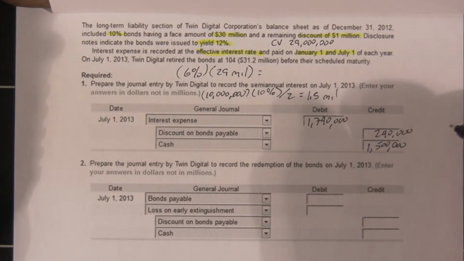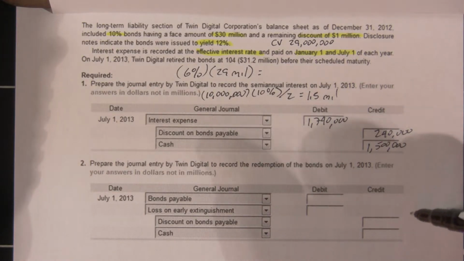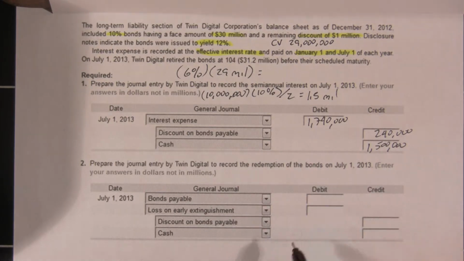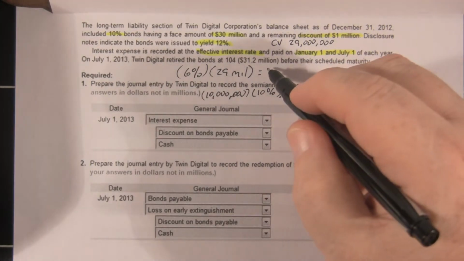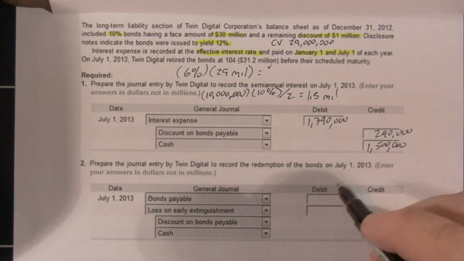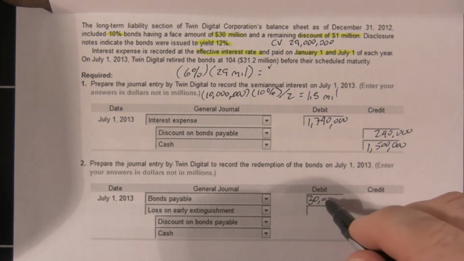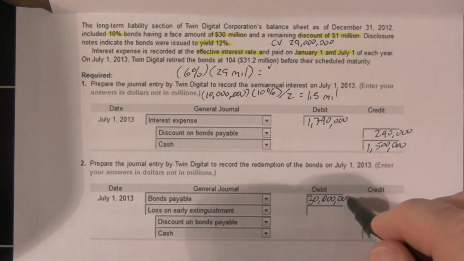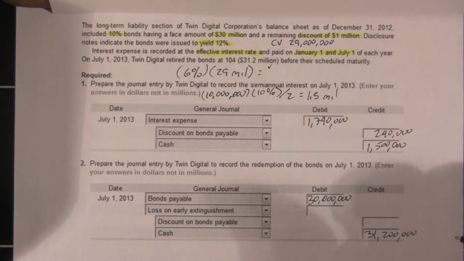Okay, so now we can figure out this piece. It says these bonds were retired for 31,200,000. So that's how much cash went out. The bonds payable that we got rid of were 30 million. So we got those pieces.